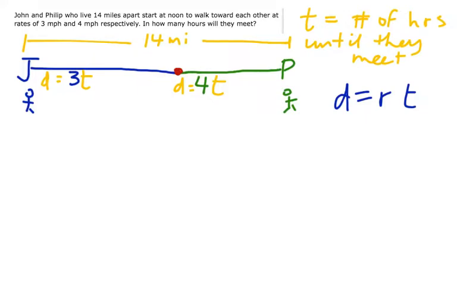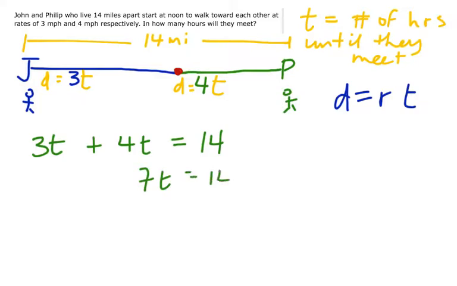Let's do green. The distance that John walked is 3t. The distance that Philip walked is 4t. And the total combined distance is the distance that they live apart, which is 14 miles. So I end up with 7t equals 14. Solving for t, I get t equals 2.